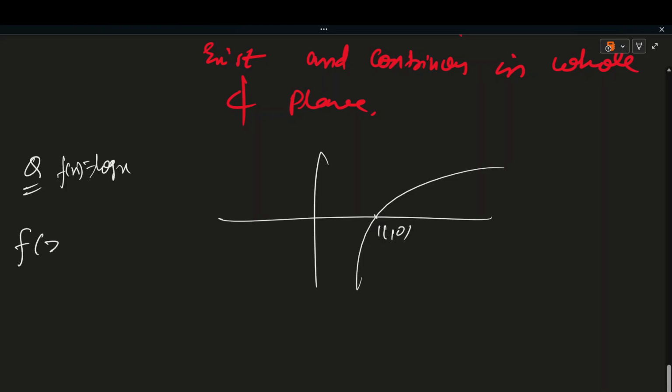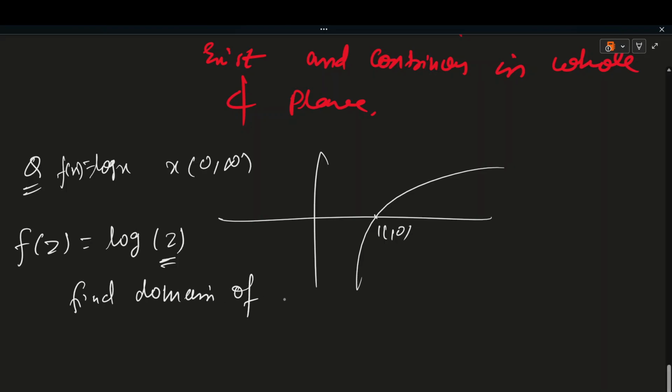If I ask you to find the domain of log z, the interesting thing is that for real x the domain is 0 to infinity. What will be the domain for this? Maybe you think it will be the same, but we want some proof.